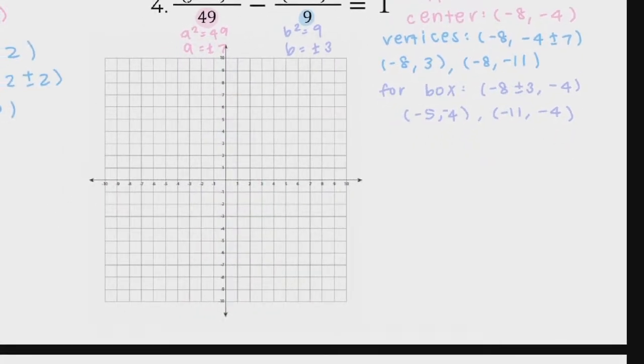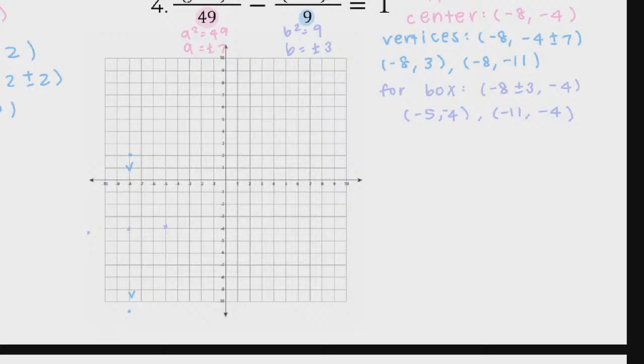Okay, so our vertices are at negative 8, 3, and negative 8, negative 11. And then for the box, we have negative 5, negative 4, and negative 11, negative 4.